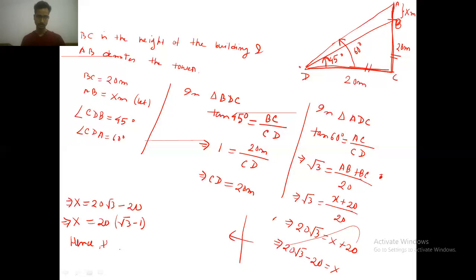So write down, hence, your height. You're asked to find the height of the tower. Yes or no? So hence the height of the tower equals 20 root 3 minus 1 meter.